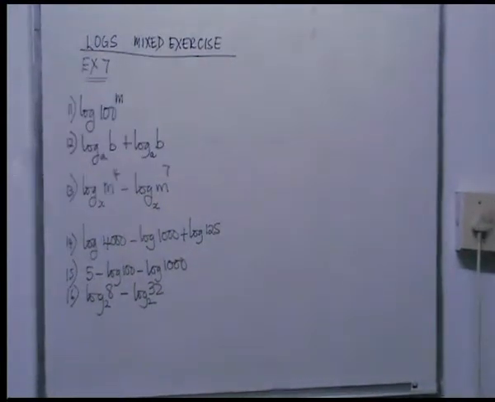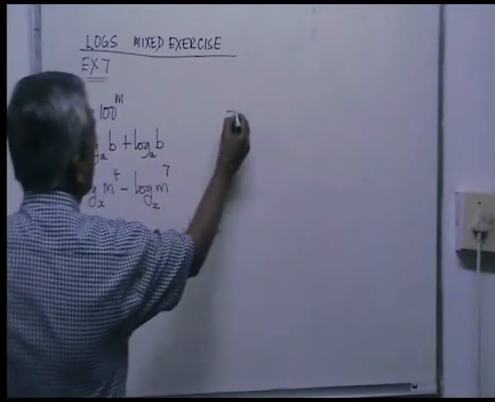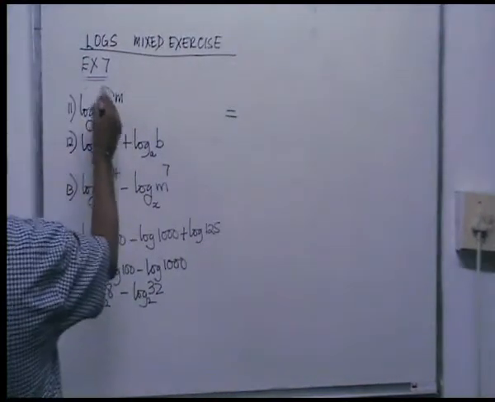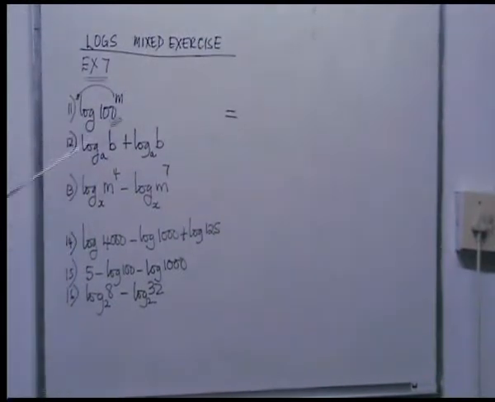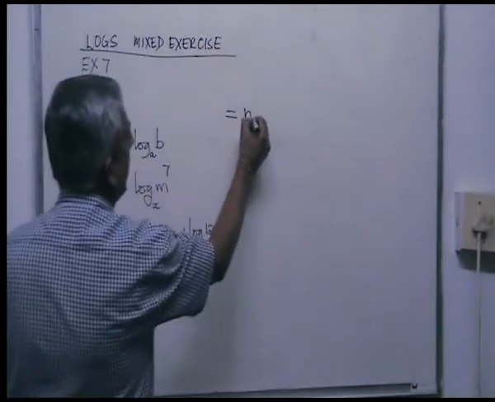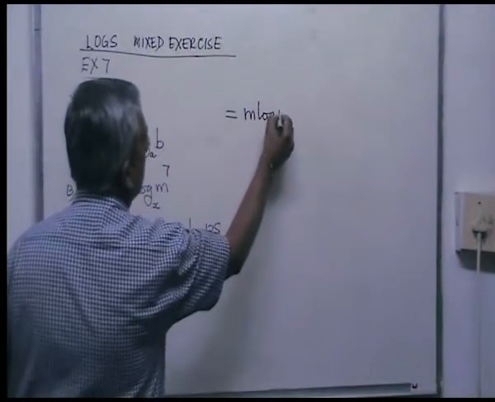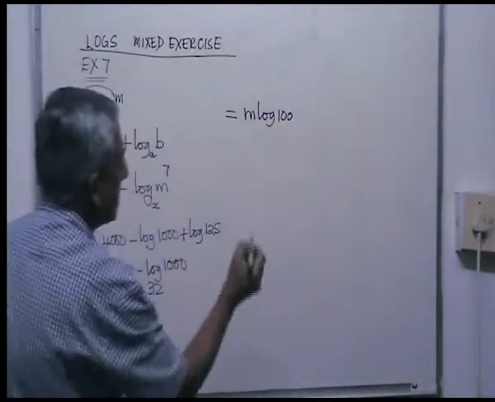Alright, welcome back. So we're marking number 11. In number 11, all you can do is just use the power law. According to the power law, m will come to the front there, so another way to rewrite that would be m log 100.